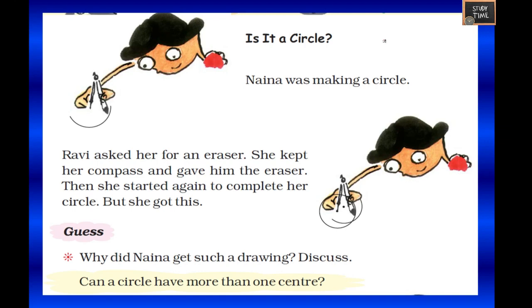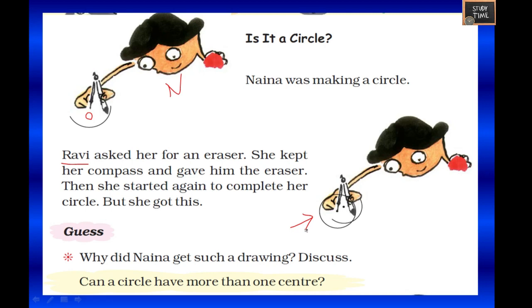Next, is it a circle? Naina was making a circle. See, this girl is Naina and she was making a circle with O as center. Somebody, Ravi, asked for an eraser. She kept the compass and gave him an eraser. Then she started again to complete the circle. She got this.